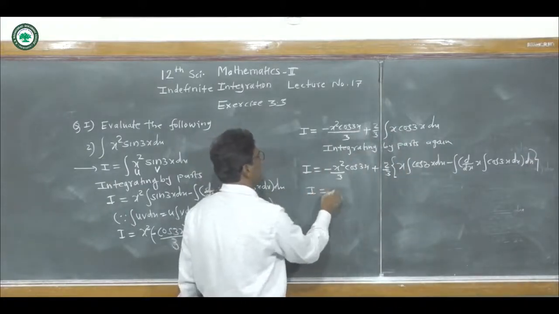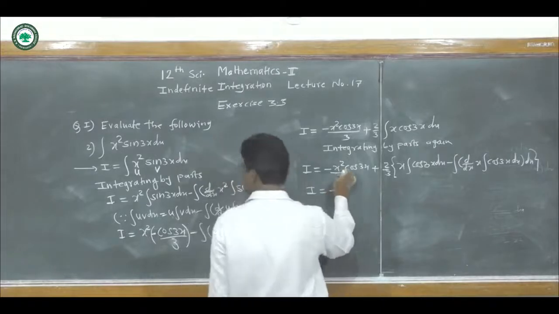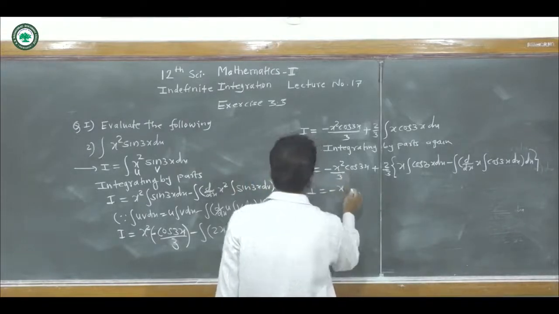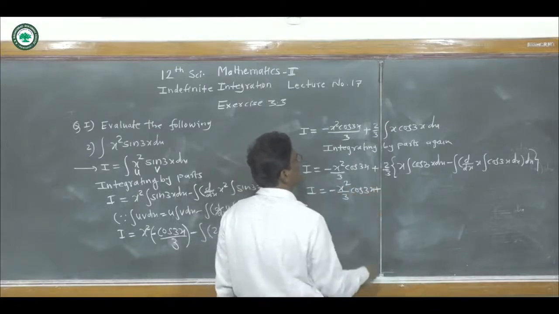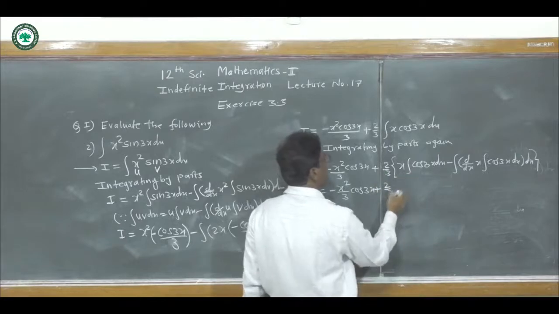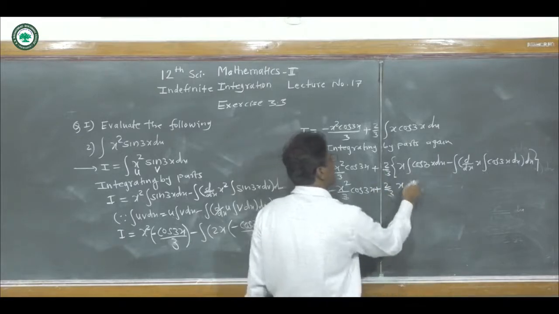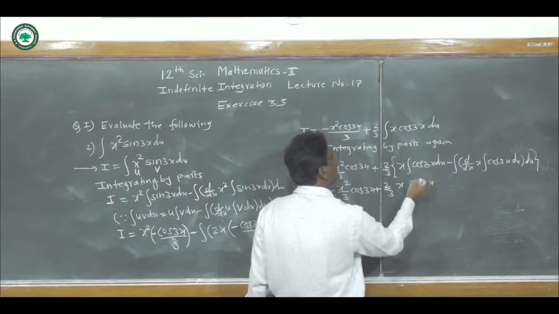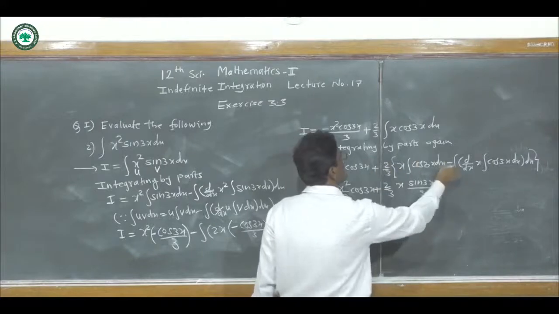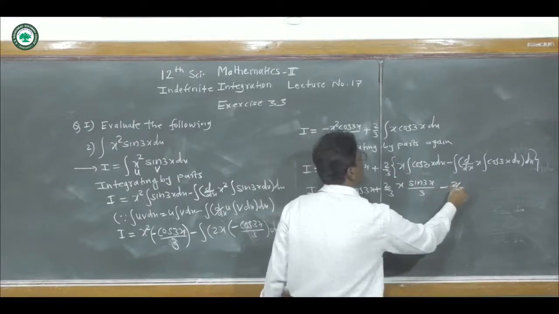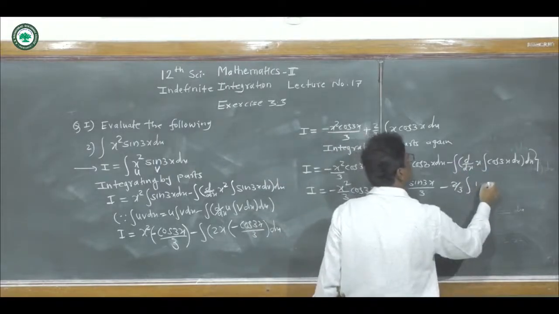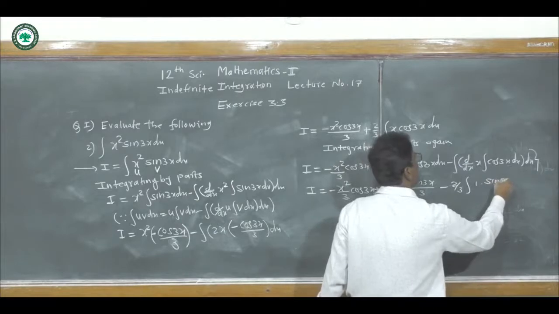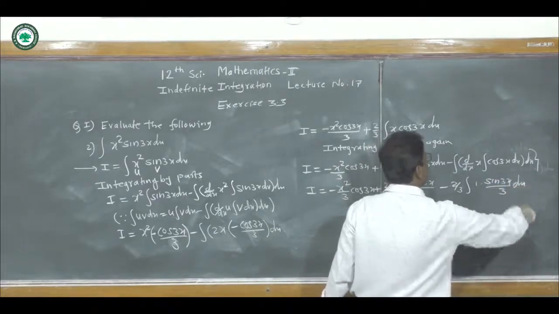So I is equal to minus x square upon 3 into cos of 3x plus 2 upon 3 this x, and integration of cos is sine of 3x upon the derivative of 3x, that is 3, this plus minus this 2 upon 3 integration of derivative of x, which is 1, integration of cos of 3x is sine of 3x upon 3 and dx.